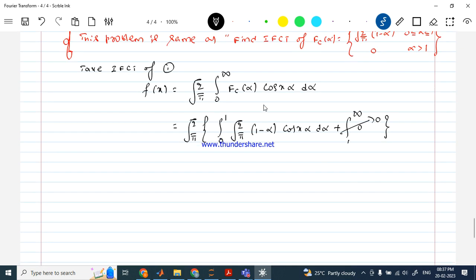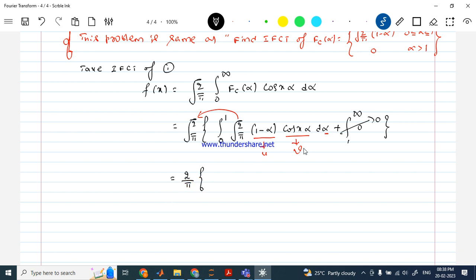Leave that. We just need to concentrate on this part. Have a look at this expression. We are integrating with respect to alpha. It's a product of two functions: 1 minus alpha, which is u, and cos x alpha is my v. And square root of 2 by pi, which is a constant, let me keep it out. Square root of 2 by pi into square root of 2 by pi just becomes 2 by pi. Let's open the bracket.